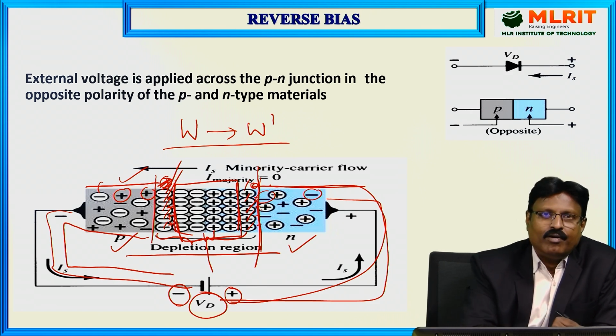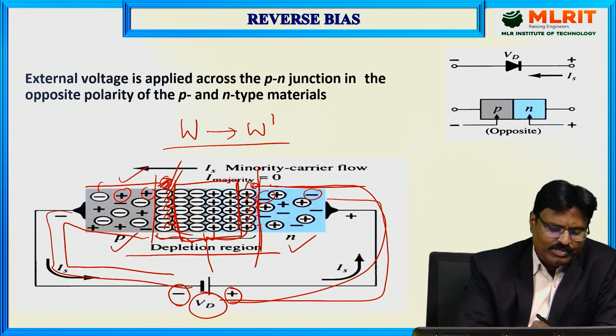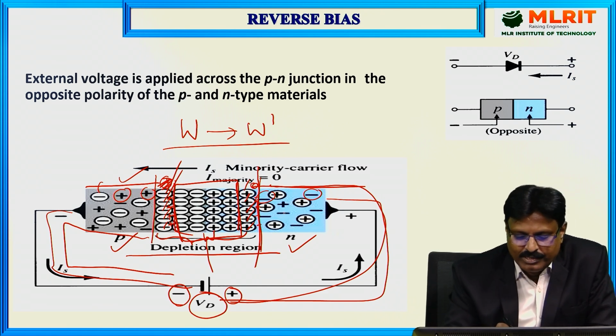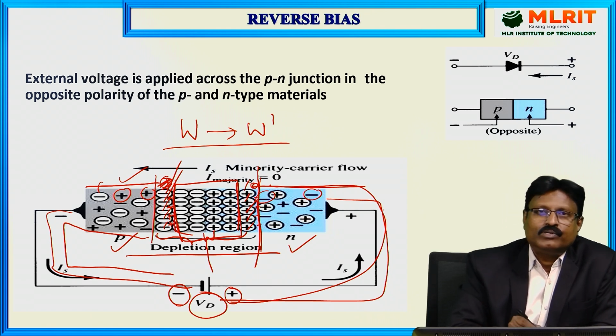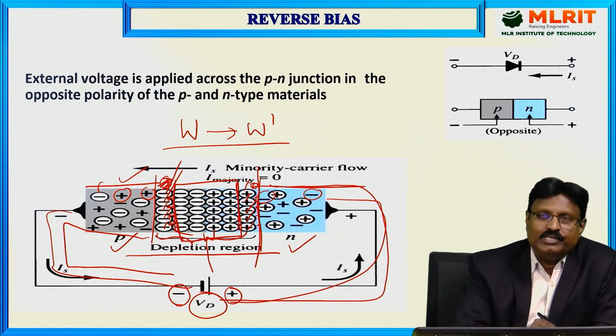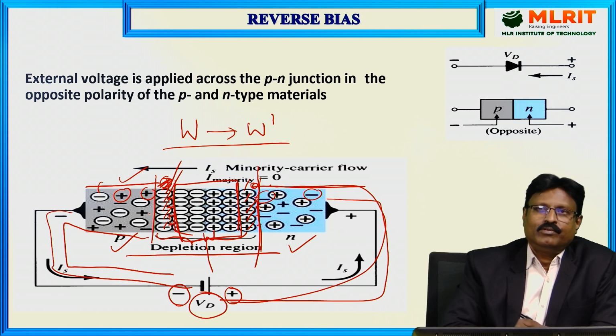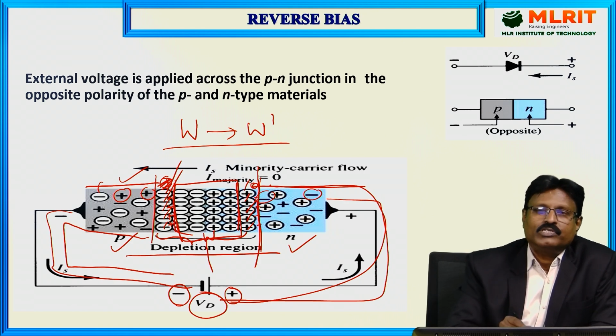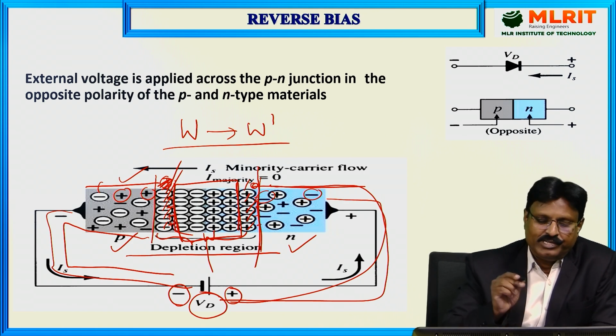As you can see here, the holes are moving away from the junction and electrons are moving away from the junction. So here no majority carrier crosses the junction. That means the majority carriers do not participate in the conductivity of the PN junction diode.